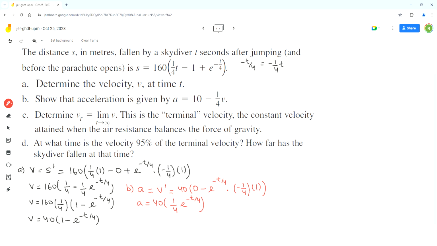Now we can multiply 40 by 1 over 4, which is equal to 10. So this is the expression we got for acceleration. Now we have to check if we get the same expression for the right side, 10 minus 1 over 4 v.